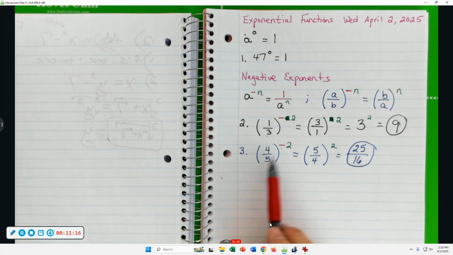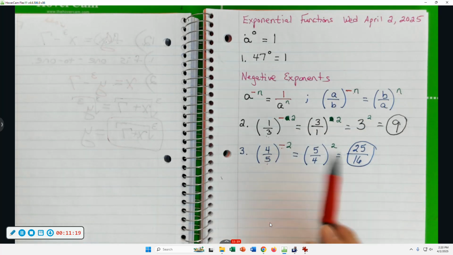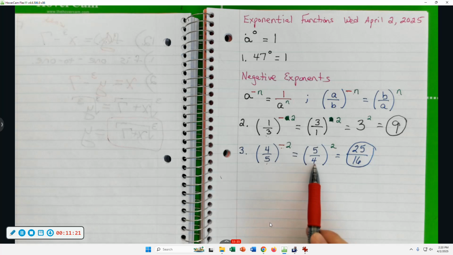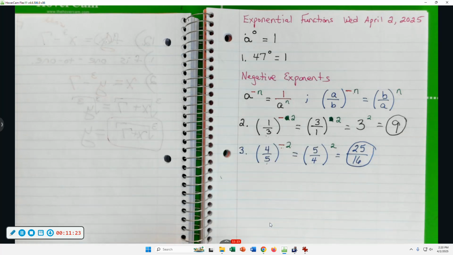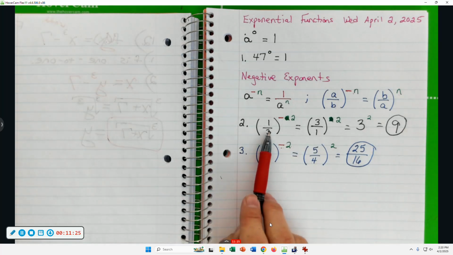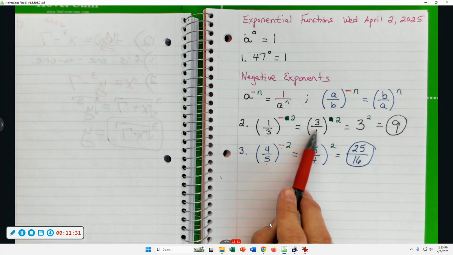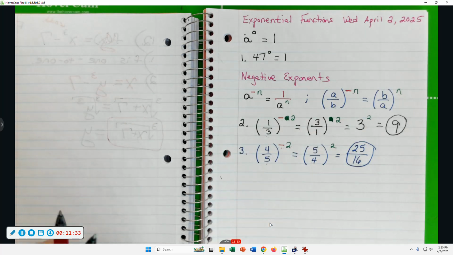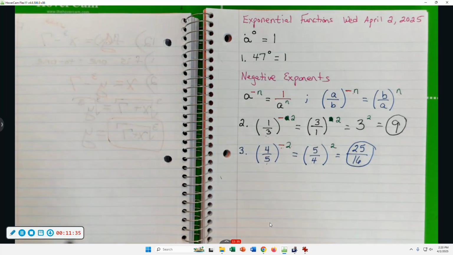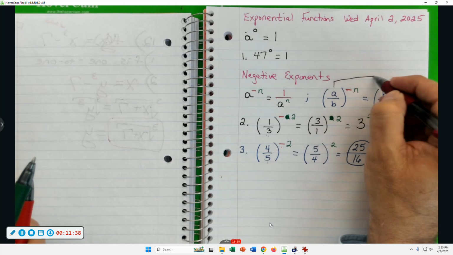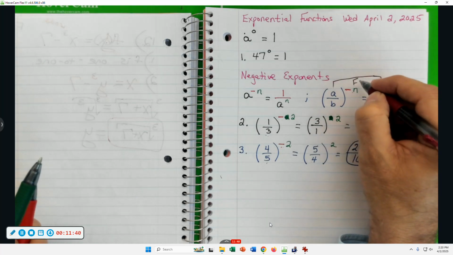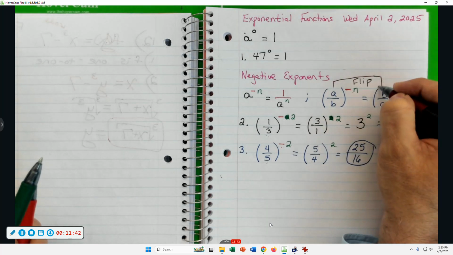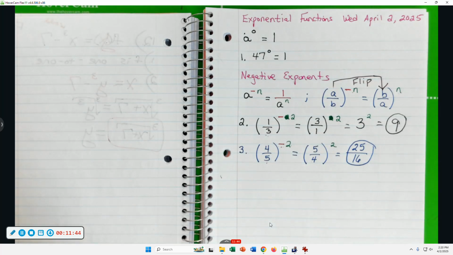So 4 over 5 to a negative 2 power is the same thing as 5 over 4 to the positive 2 power. That's what I did here. The 1/3 to a negative power, I flip it and use the positive power. Let's make a note. Flip. Any questions?